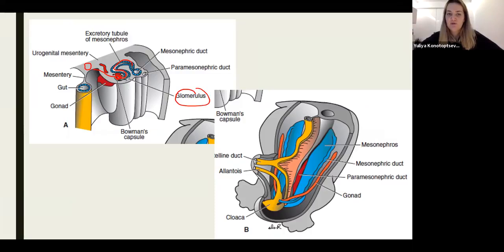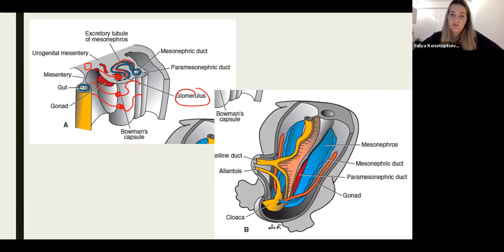At a lower level, you will see that there's another S-shaped mesonephron, and then another S-shaped mesonephron. At one end of them, you will always find glomerulus, this knot of capillaries, and these glomeruli are connected to the dorsal aorta, which is going to be a bit behind.